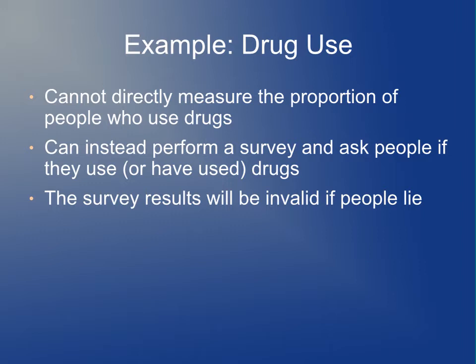A simple way to get around this is when you administer your survey, you can say something like, flip a coin, and if it lands heads and you've never used illegal drugs, then say no, otherwise say yes. That way the person interpreting the data won't know if you say yes, if you really use drugs, or if it's just because the coin landed tails. And there have been some studies showing when you use that type of design, the proportion of people who use drugs is much higher.